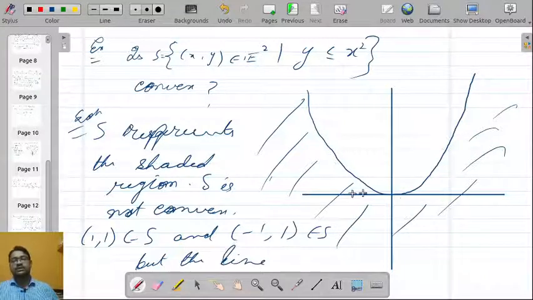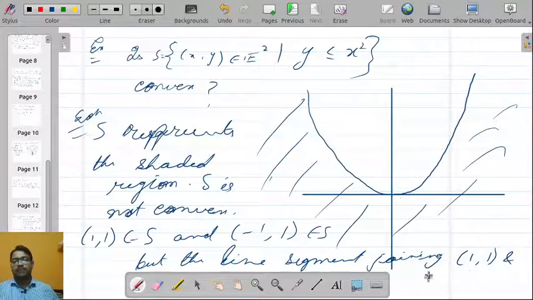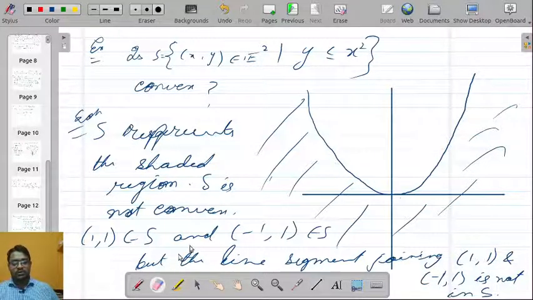Here in E square it is just plain geometry, so we can just give the geometrical argument: the line segment joining (1, 1) and (minus 1, 1) is not in S. So minus 1, 1 is some point here, (1, 1) is some point here, and then we draw this line.